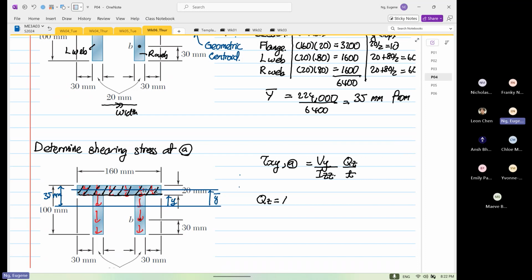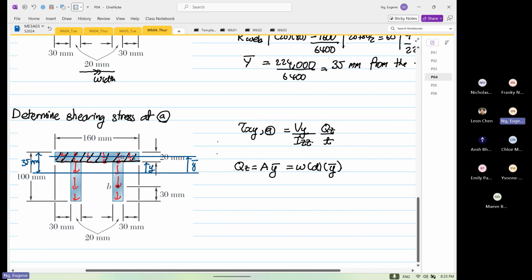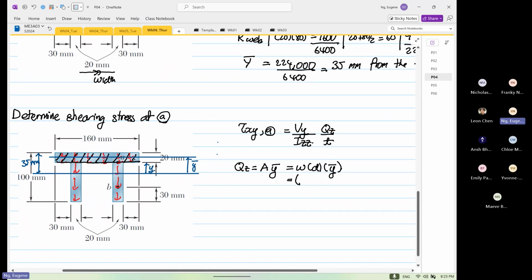is equal to area times y bar, and this is equal to width multiplied by depth multiplied by y bar. So from here, our width is 160, and our depth we know is equal to 20 because that's the area of interest.